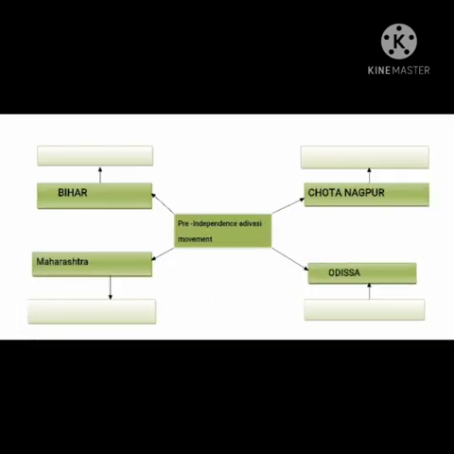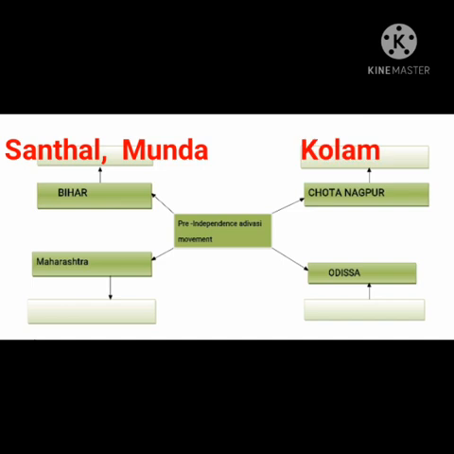Now read the last web question: pre-independence Adivasi movement. That means before independence, the tribal people who started movements in various places. We have to write that tribal group. In Bihar, which tribal people started the movement? That is Santal and Munda. So write down the answer, Santal and Munda. Then in Chota Nagpur, the tribal group who started the movement was Kolam.